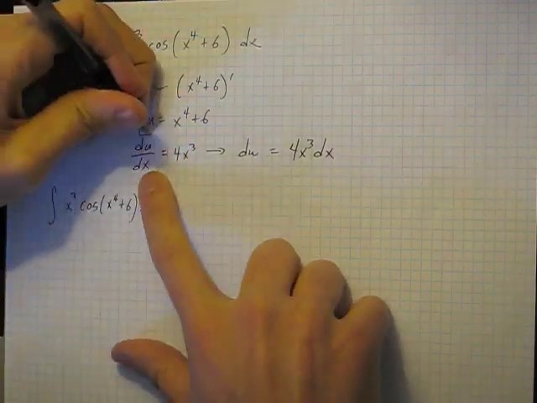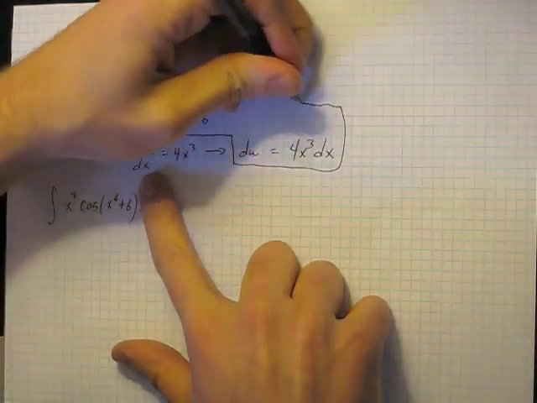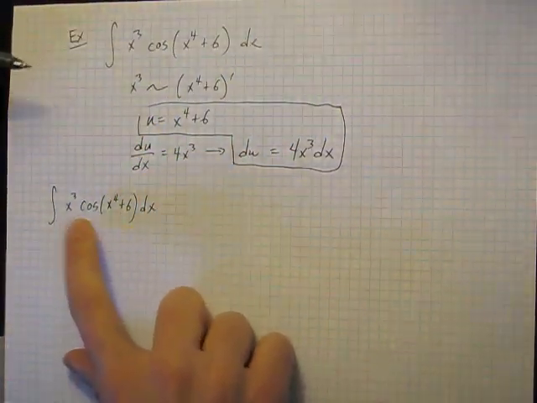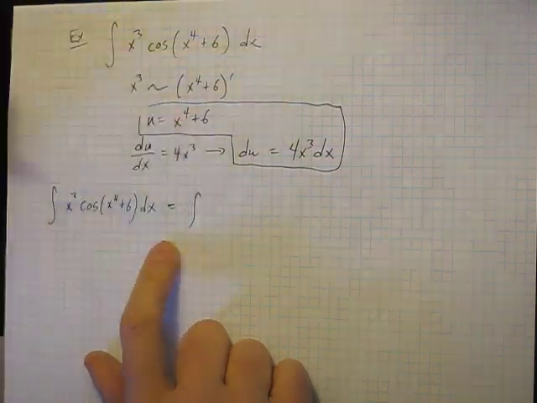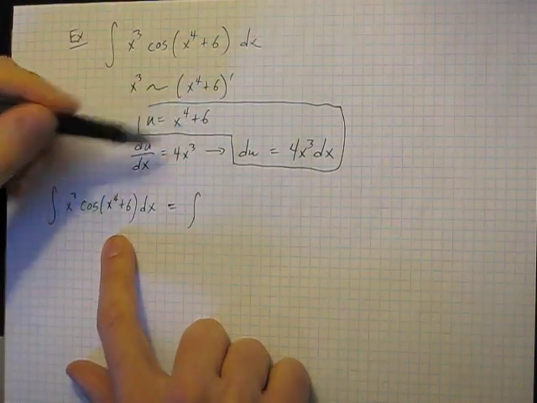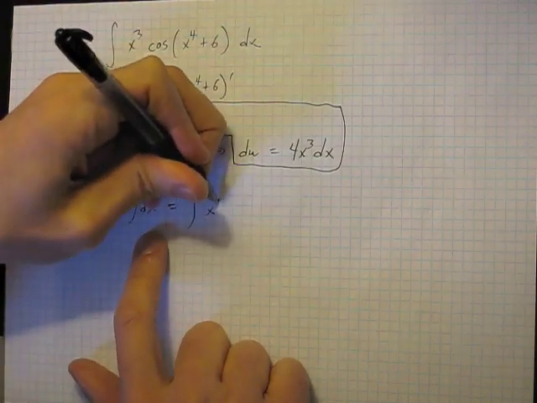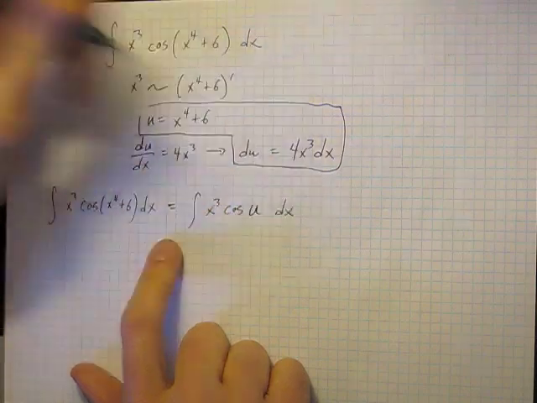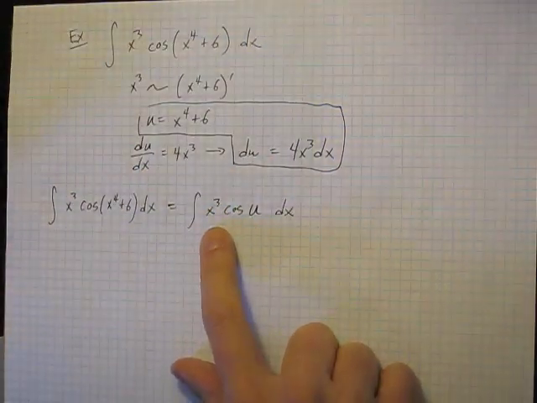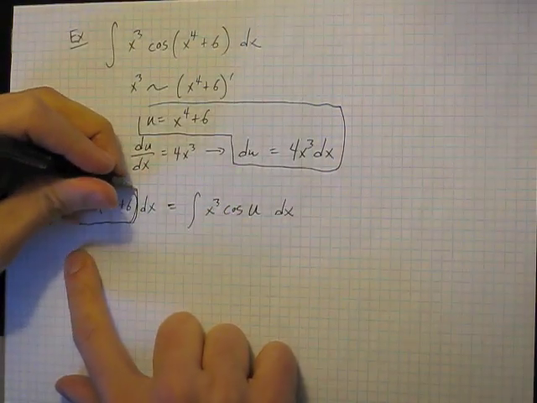I'm going to use these two equations here to change this so it contains no more x's, and then we'll do the integration. So the first thing I see is u is x to the fourth plus 6, so let's replace that. So we get x cubed times cosine of u dx. All right, very good. Now, that took care of this piece right here.